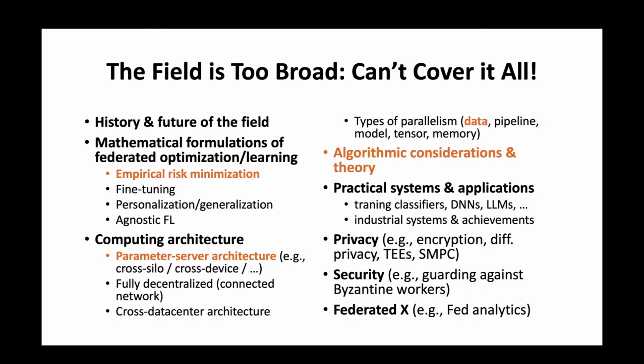Now, another way I want to think about federated optimization is that we have to think about the computer that is going to be doing the optimization. And one has to fine-tune the algorithm to the computer. So if you have a parameter server architecture with this cross-silo, cross-device, or any other variation, there are certain bottlenecks.